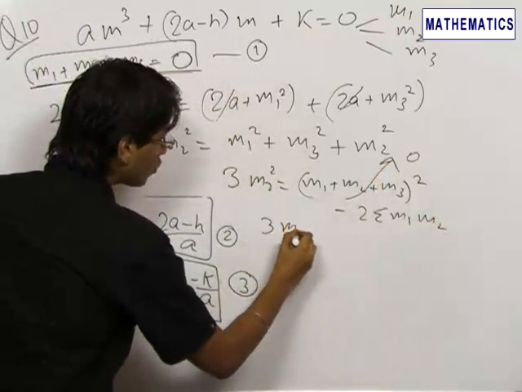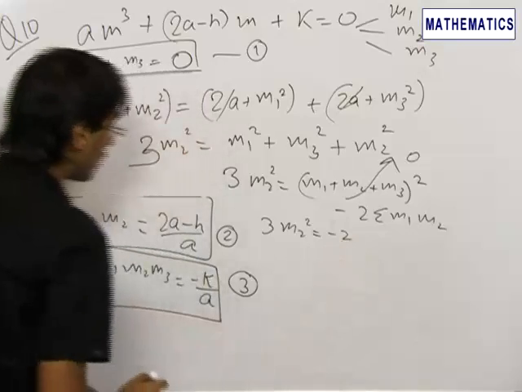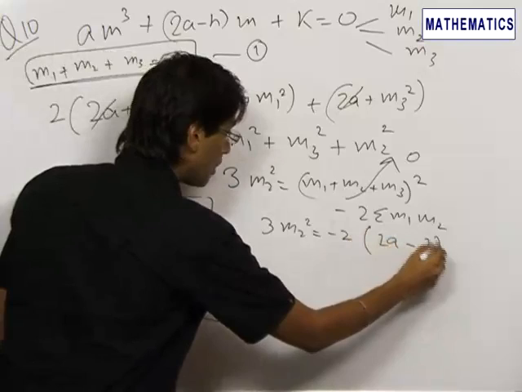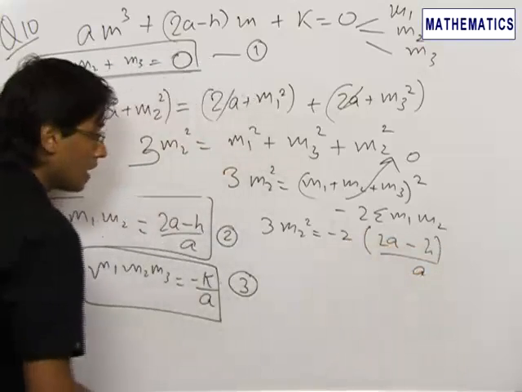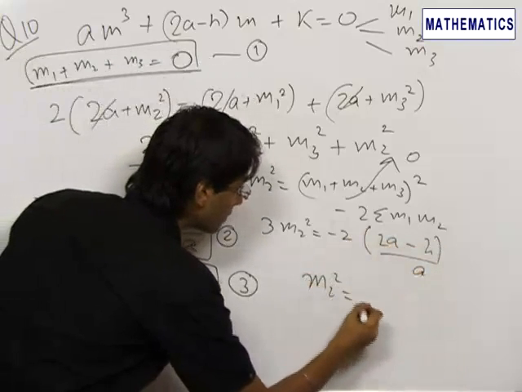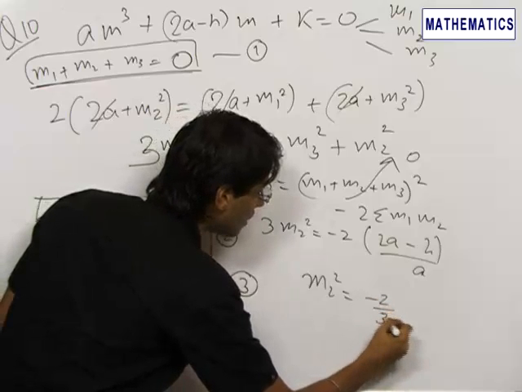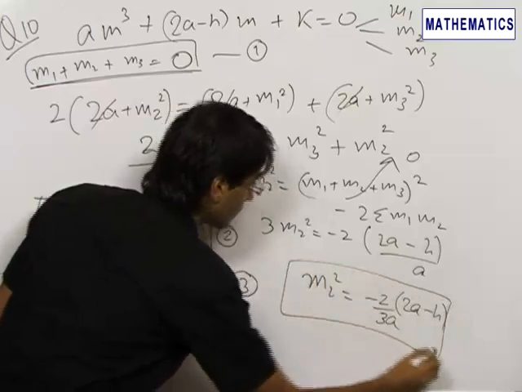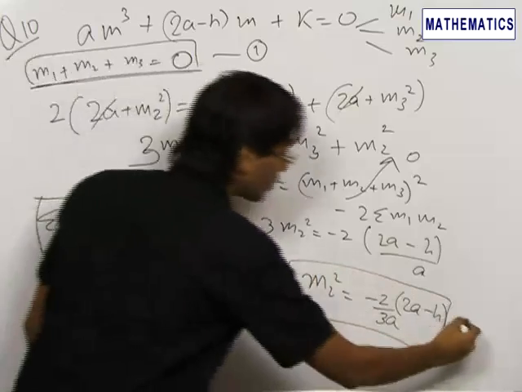So 3m2 square is equal to minus 2 times sigma m1 m2, which is equal to 2a minus h upon a. Hence we have got the value of m2 square as minus 2 upon 3a times 2a minus h. This is our fourth equation.